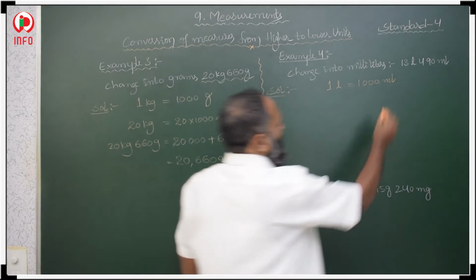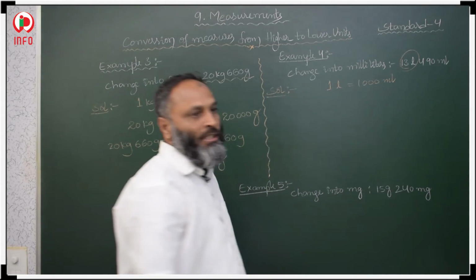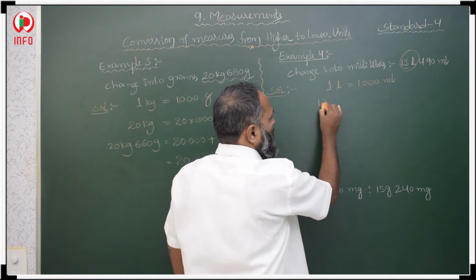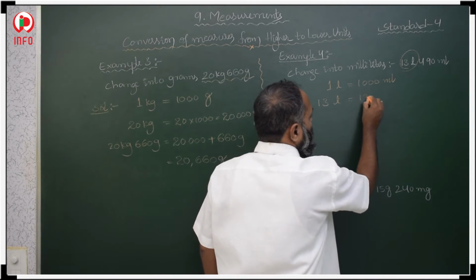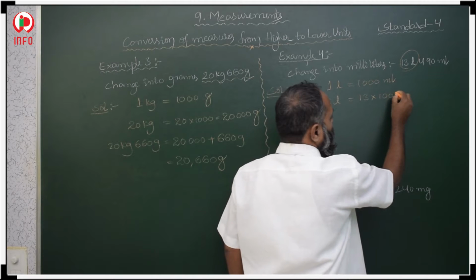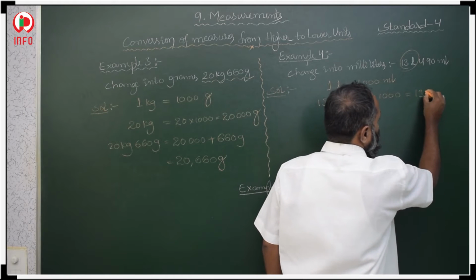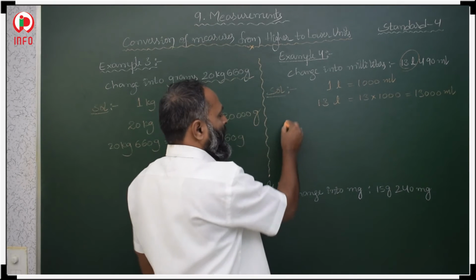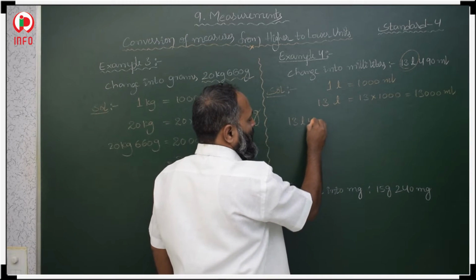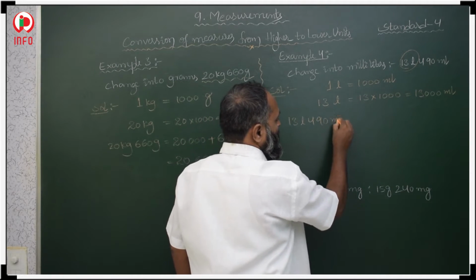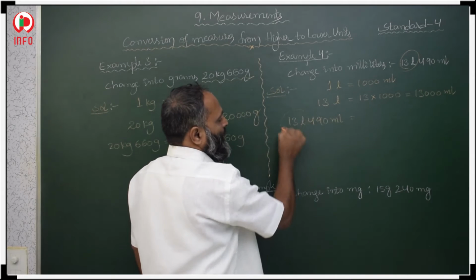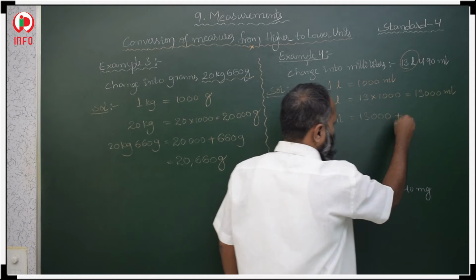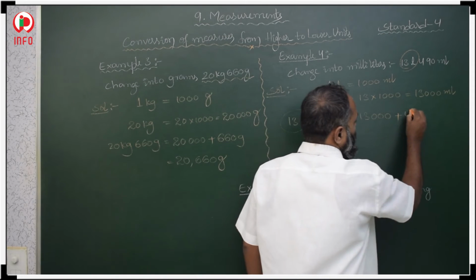Then here how many liters are given? 13 liters. First we convert the 13 liters into milliliters. 13 liters is equal to 13 into 1000, that is 13,000 milliliters. Then after that, for the complete quantity, we have 13 liters 490 milliliters. 13 liters already we converted, that is 13,000 milliliters, plus this 490 milliliters.